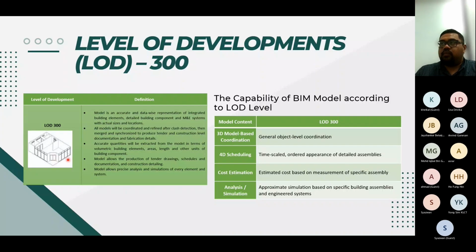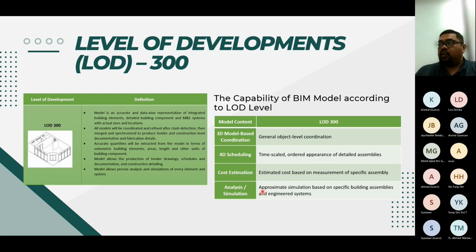LOD 300, I will say is more on the detail design. So it allows production of the tender drawing, schedule, and also documentation. Okay. So it also allows precise analysis and simulation. So it's object coordination, time scale, and order of data assemblies. The quantity can be taken off and also an estimate cost can be prepared.